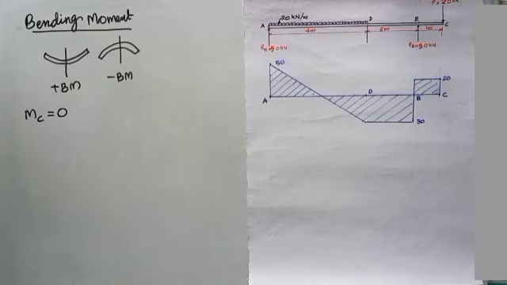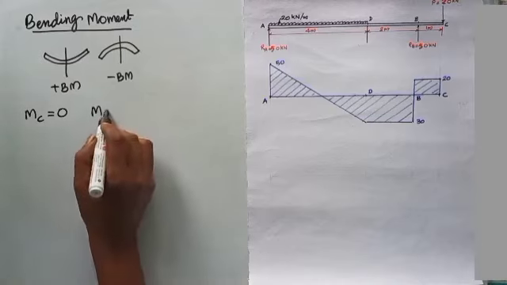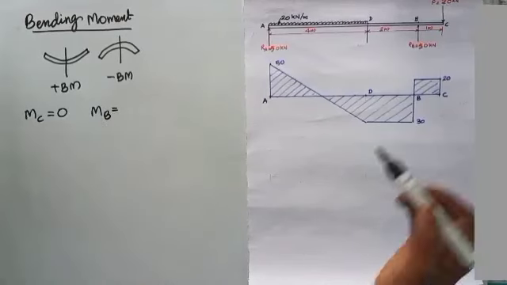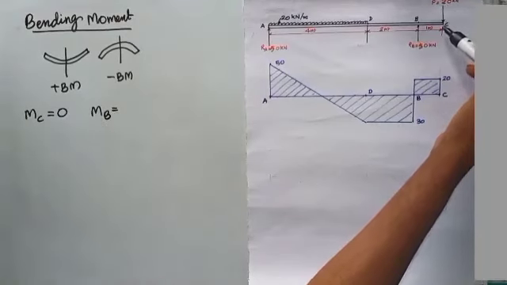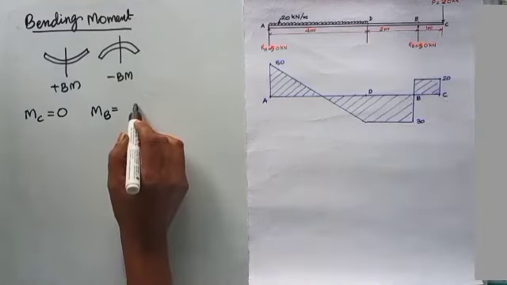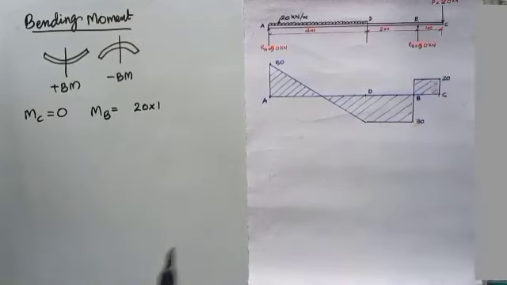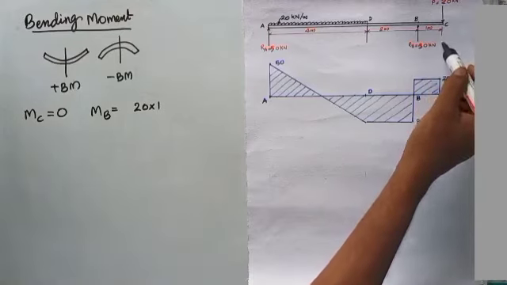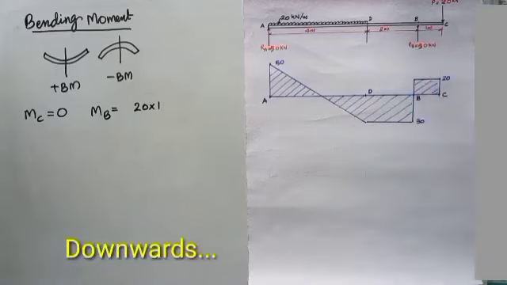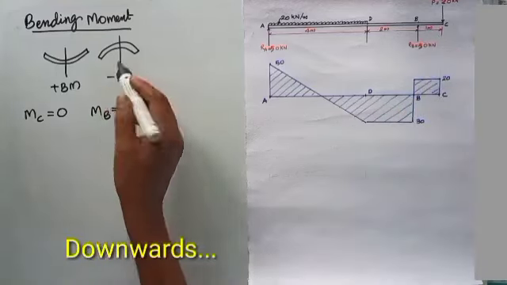Bending moment at B will be equal to 20 into 1 meter. We are considering 20 kilonewton, and the section considered is this one, B, and here we can say that the load is acting in the right side of the section, and the tendency of this load is to bend the segment upwards, or that will be a case of negative bending moment.